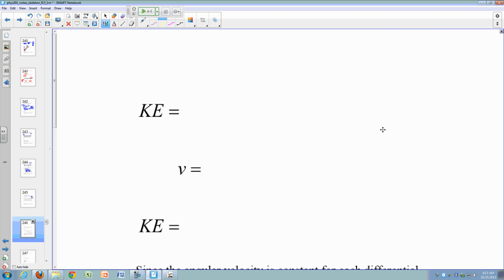Let's see, so my kinetic energy of each piece is equal to 1/2 mv squared, and my v is equal to omega times r. So I can say then that the kinetic energy equals 1/2 times m times (omega r) squared.